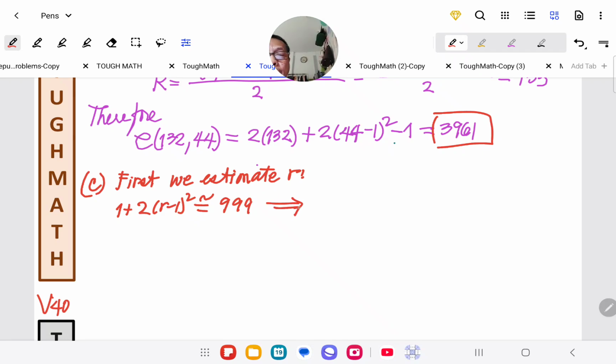This gives us (R minus 1) squared equals 998 over 2.